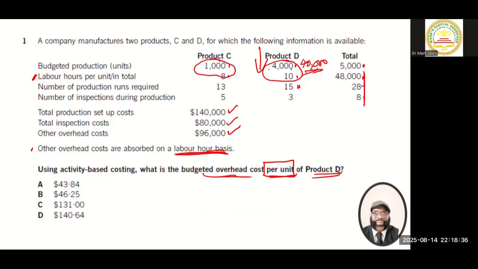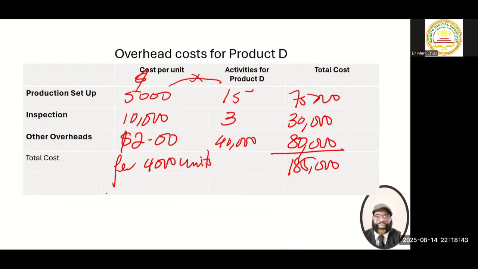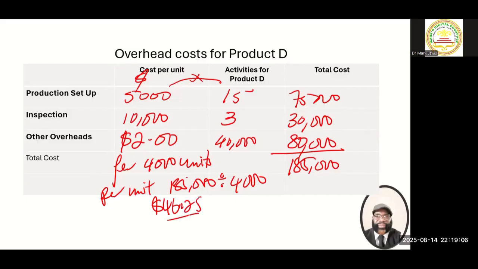But the question asks us for overhead cost per unit, and for D, it is 4,000 units. So to get the cost per unit, we now need to take 185,000 and divide that by 4,000. That should give us an answer of $46.25.